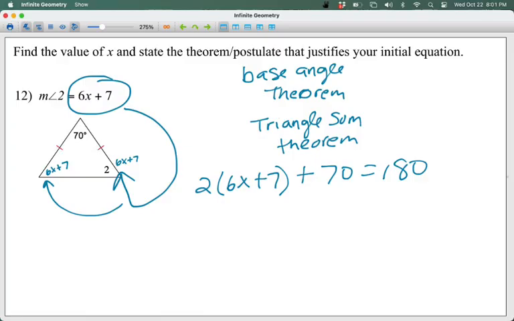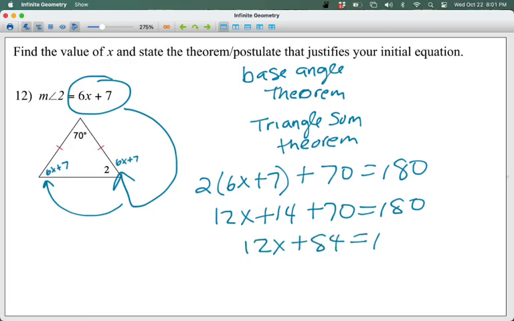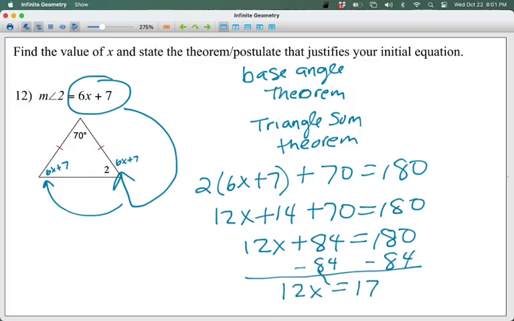Come back and check it. X equals 8. All right, let's move on to the next one.